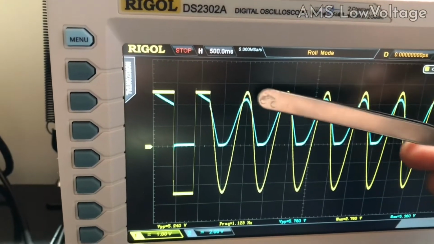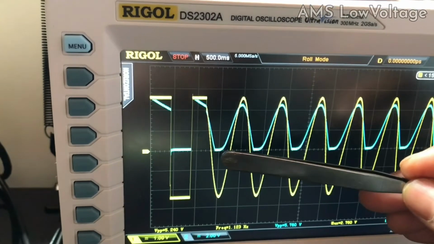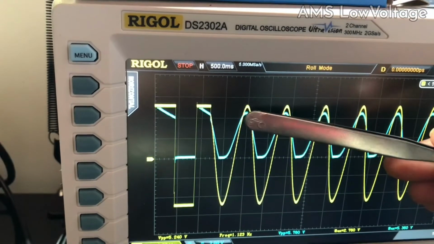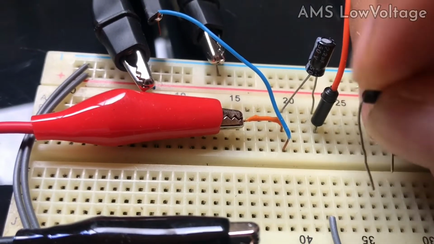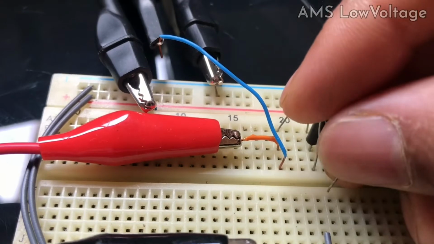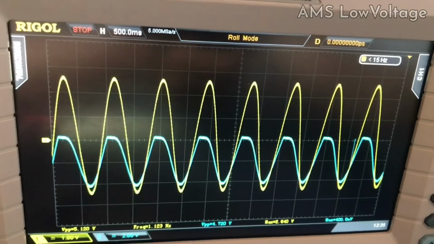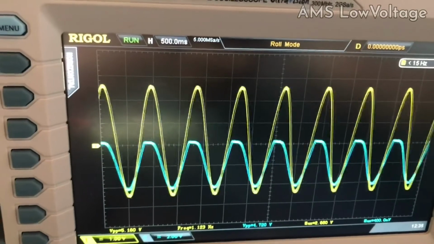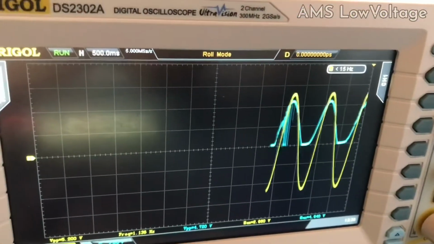But for the positive input peak, the diode is off, the circuit is like an open circuit, and the capacitor's output just follows the input. That's the completely inverse property of the previous one. So I'm changing it back to the previous position. I put it back again, and you see.